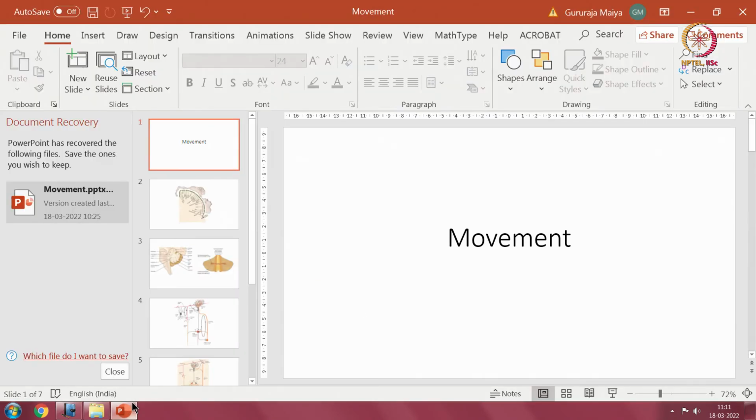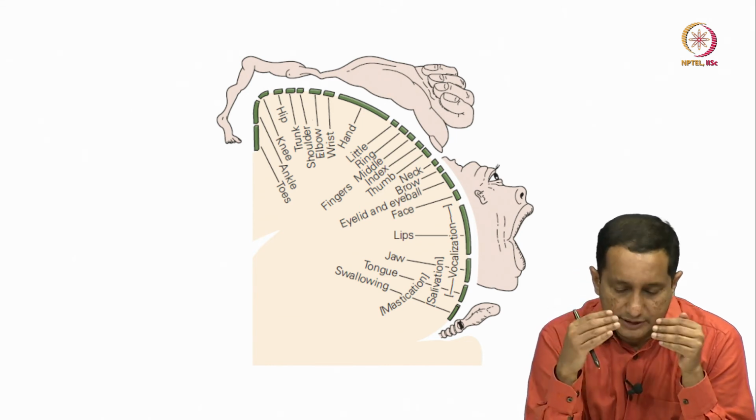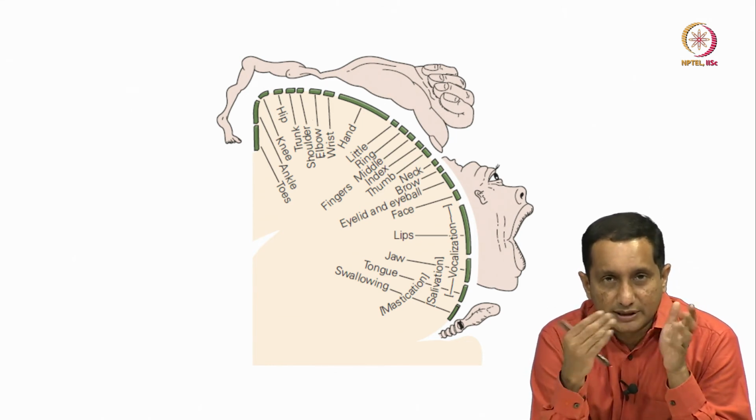Here I will go into this. Motor cortex, if you remember, is part of the posterior part of the frontal lobe, and it is separated by the central sulcus from the parietal lobe.